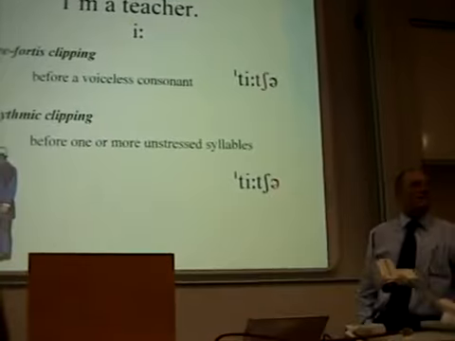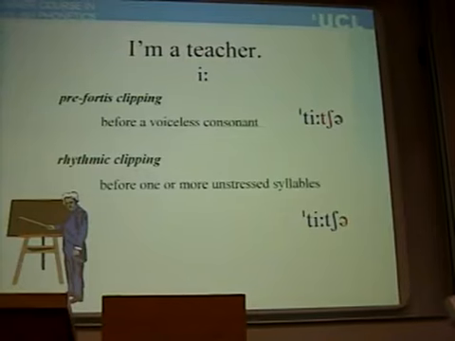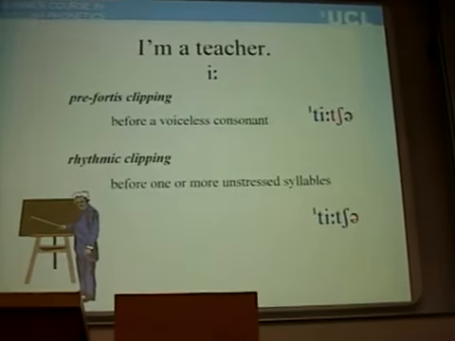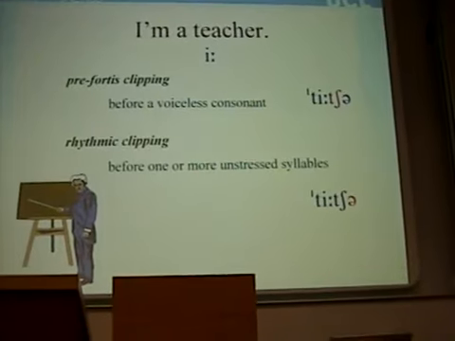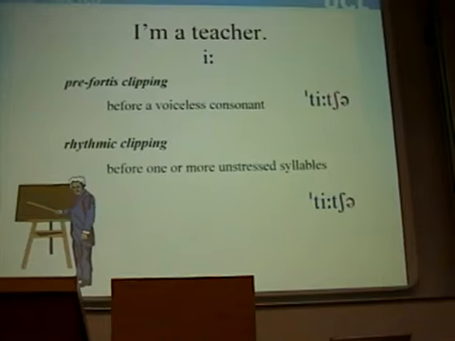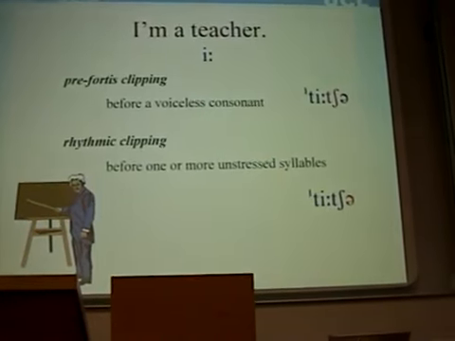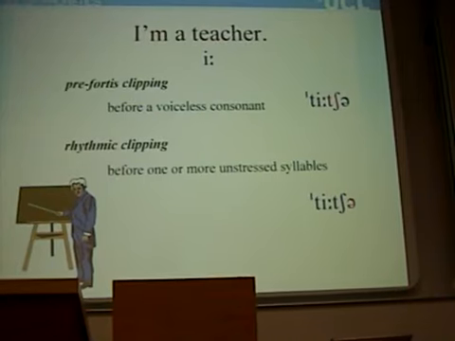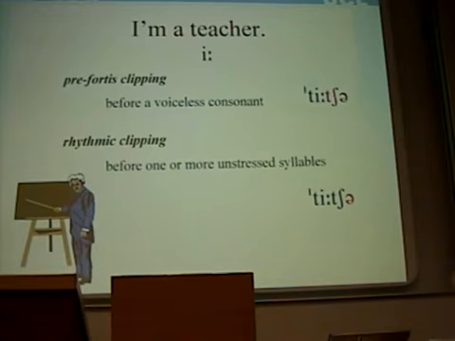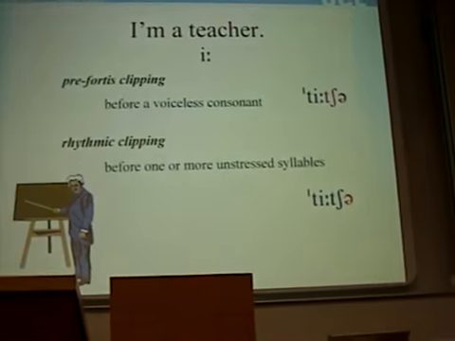Now you can see why teacher is a particularly interesting case, because it has both kinds of clipping in the same word. The E is pre-fortis clipped because it's got a following ch. Teacher, teacher, teacher, and it's got rhythmic clipping because of the unstressed syllable, the -er, that follows. Teacher, teacher, teacher. So the E there is subject to both kinds of clipping.